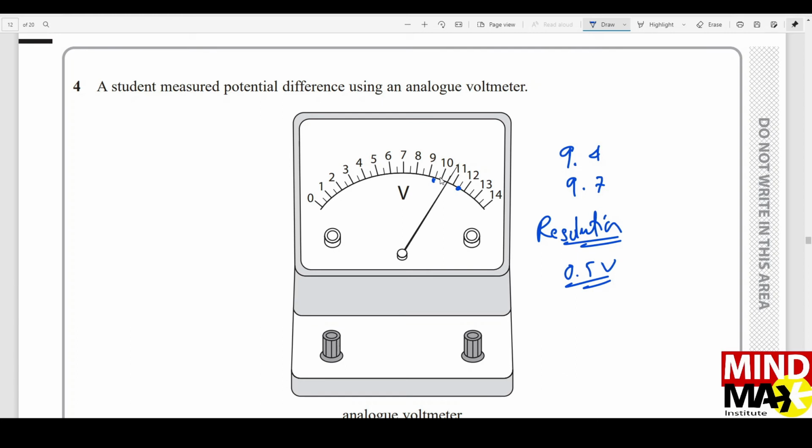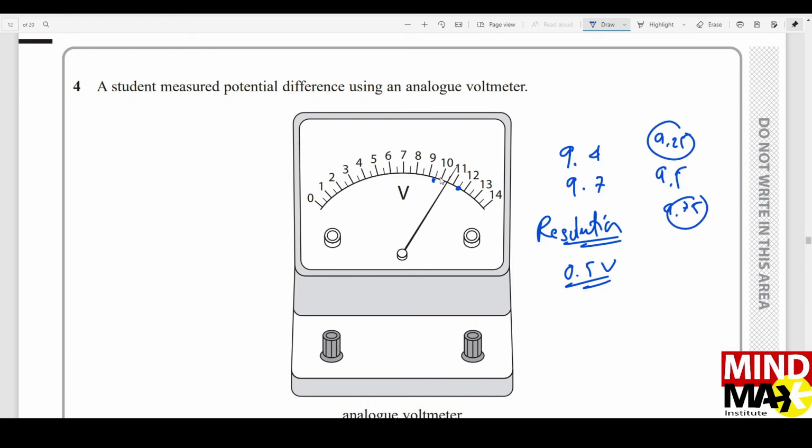So we always take half of the resolution of the device to get the uncertainty, because if it's at 9.5, it could be a bit to the left or to the right. Let's say if it's a bit to the left, it could be 9.25. If it's a bit to the right, it could be 9.75. Right?